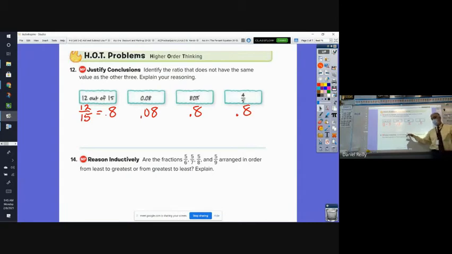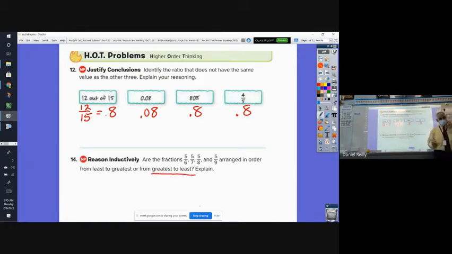And since all the numerators are the same, they're all the same number of pieces, but smaller denominators mean bigger pieces. So 5/6 is bigger than 5/7, which is bigger than 5/8, which is bigger than 5/9. And the answer is greatest to least.